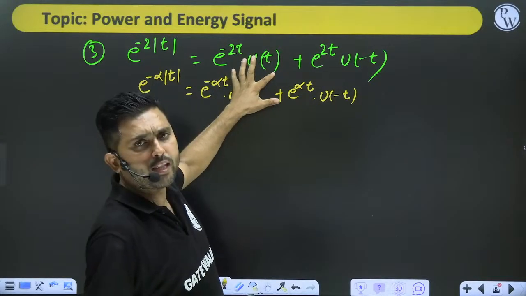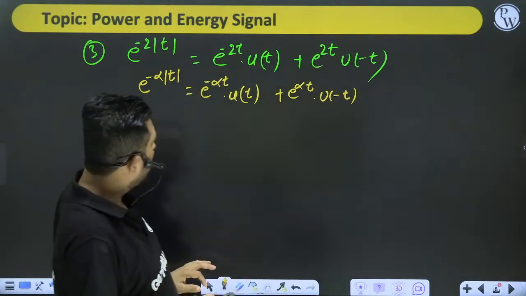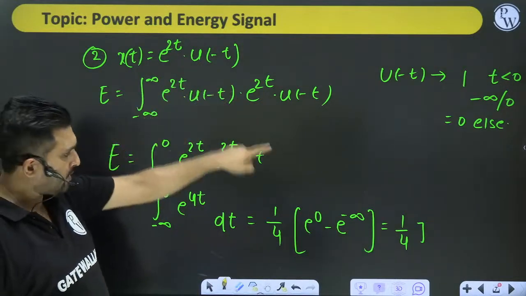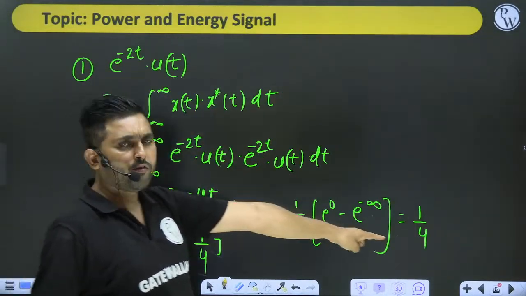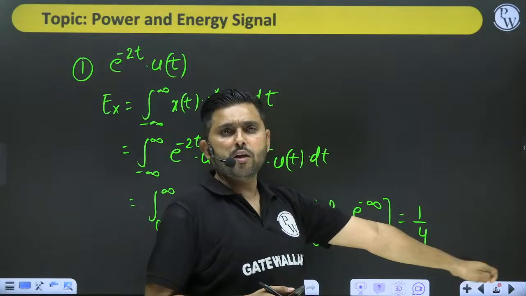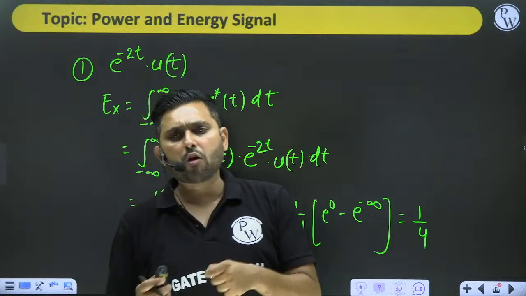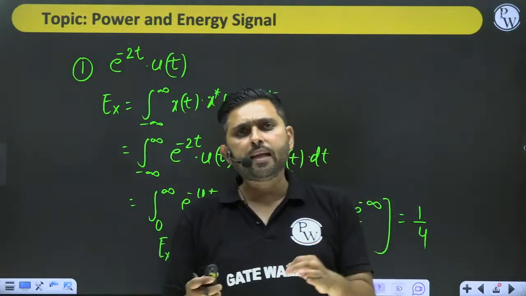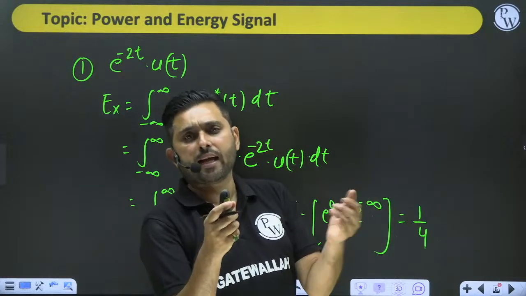Simply, we already know the energy of e to the power 2t u(minus t), which is 1 by 4 joule, and we know the energy of e to the power minus 2t u(t), which is again 1 by 4 joule. So if x(t) is a combination of x1(t) plus x2(t), then the whole combination's energy will be added.